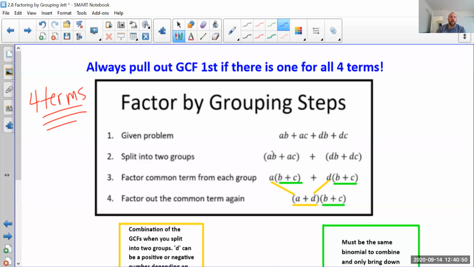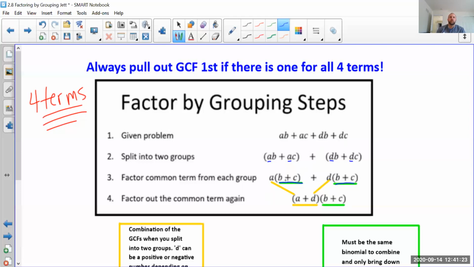So this grouping here, AB plus AC, they both have A in them. So we'll pull out that GCF A, put it out front. Same thing over here. This grouping, both of them have D in them. So we'll pull that out front, like we have here. Then when we look at this, now we have this B plus C here, and this B plus C here.